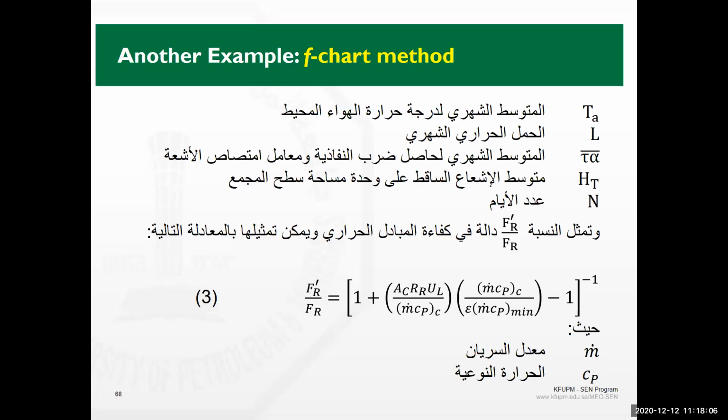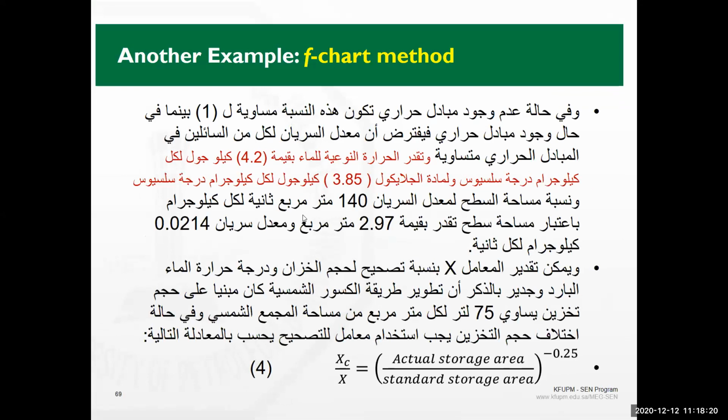It can be given by the equation here, which is specified as equation number 3. M dot is the flow rate, معدل السريان, CP is the specific heat, الحرارة النوعية. And in case of no heat exchanger, this ratio is taken equal to 1. If you are talking about water, the CP is 4.2. If you are talking about glycol, ethylene glycol, then it is 3.85. If it's a mixture between them, then you can calculate the value of CP based on that.